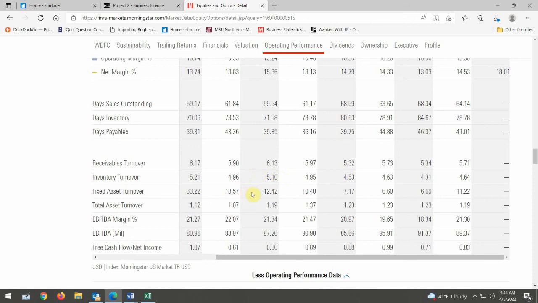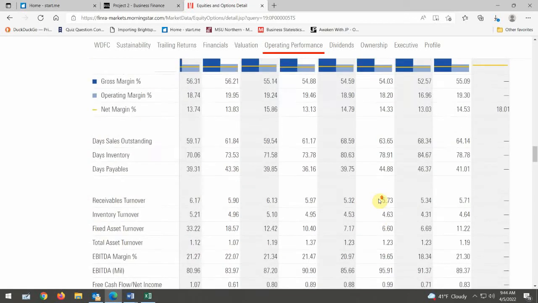Their fixed asset turnover: so they've been increasing their fixed assets but decreasing the turnover rate. That's not necessarily good, except their total asset turnover rate stayed kind of steady. So their fixed assets grew, and probably their current assets went down over time.